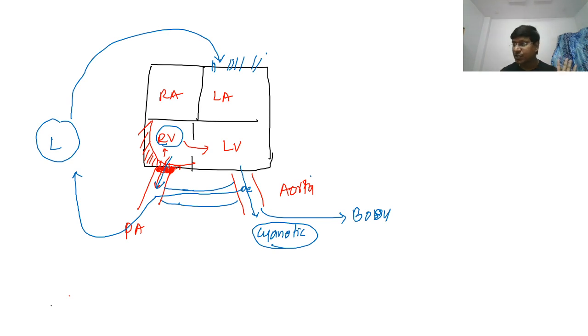Now you have to create an artificial shunt. That is your palliative therapy.